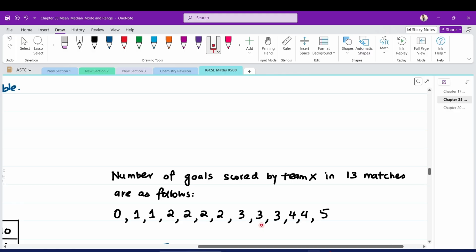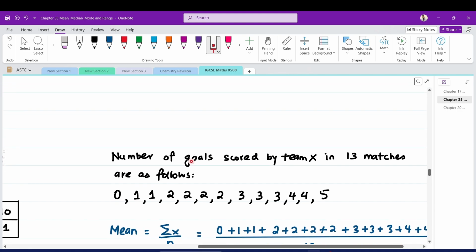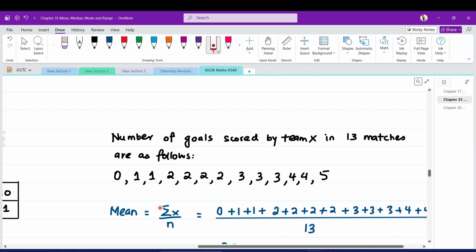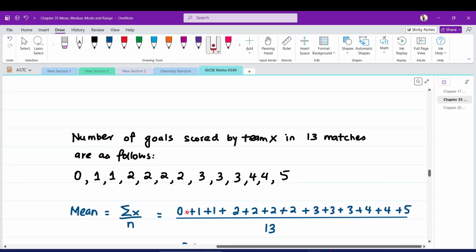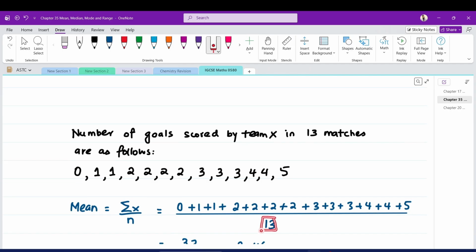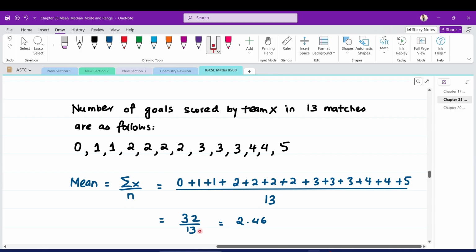Just like in our previous lecture on raw data, if we try to find the mean, we use the formula mean equals sigma x upon n. This is the sum of all the values divided by the number of values, which is 13. So that would give you 32 divided by 13, which is 2.46.